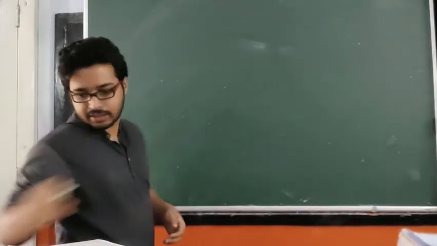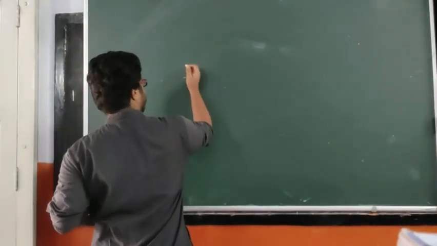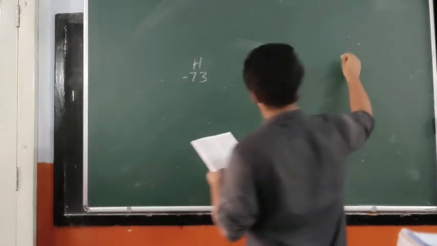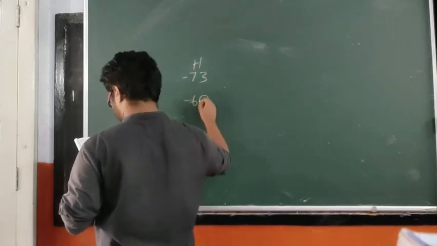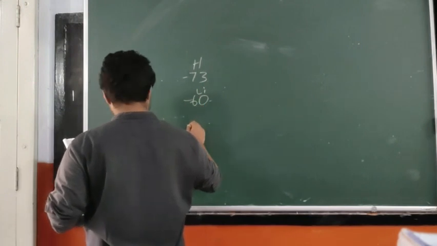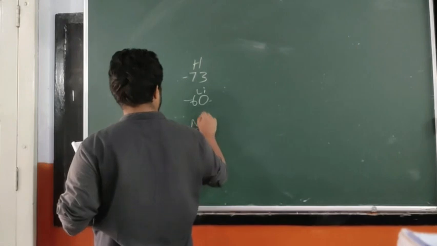So if you are looking into your textbook, you can see the electron affinity values. For example, here in the textbook, minus 73 for hydrogen, minus 60 for lithium, minus 53 for sodium.